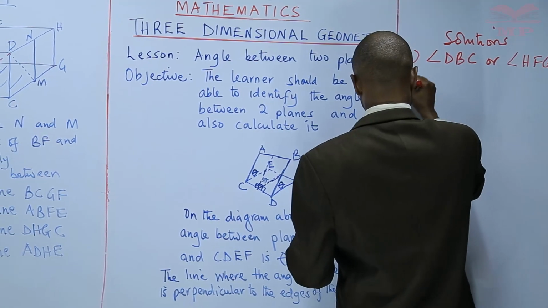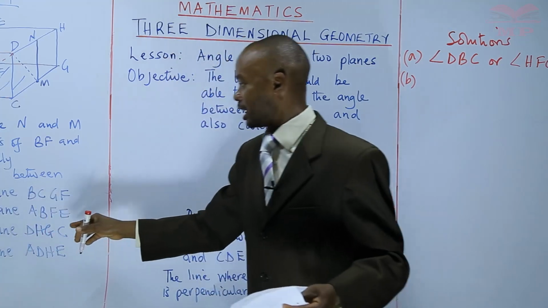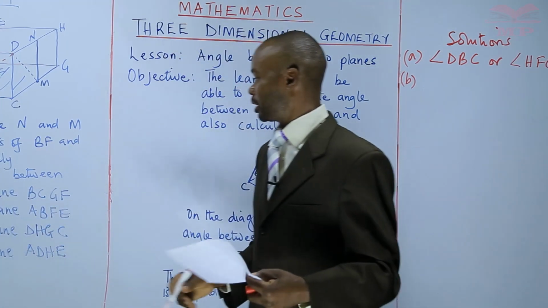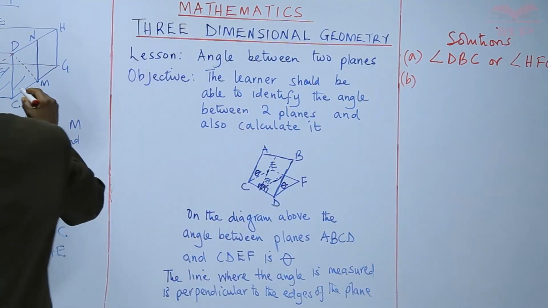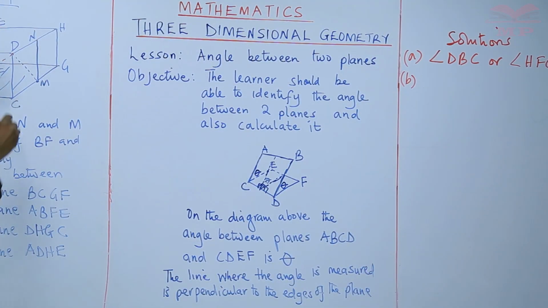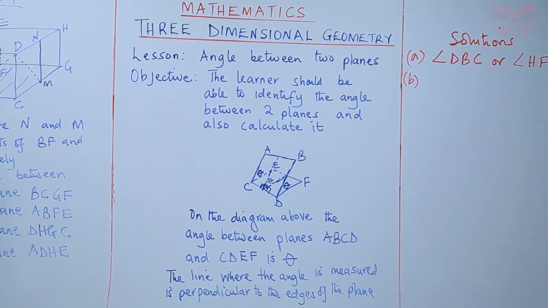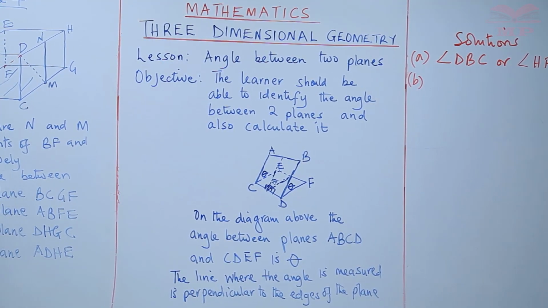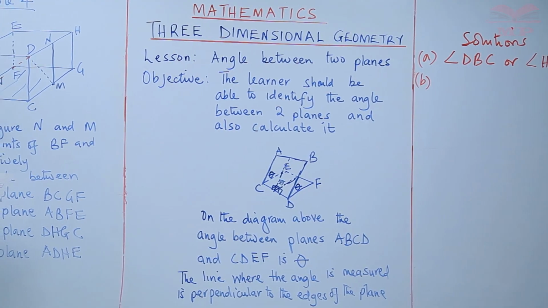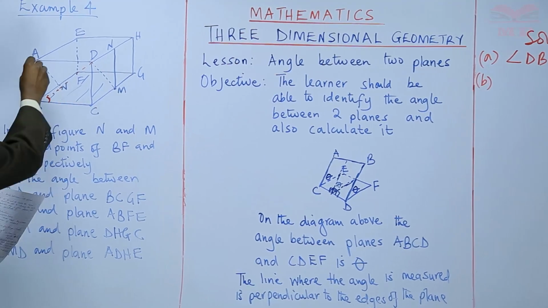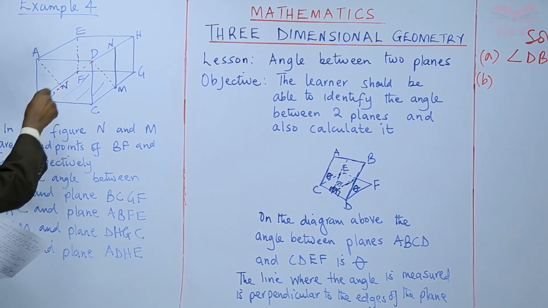We come to B. AC and plane ABFE. You look at AC and this plane ABEF.